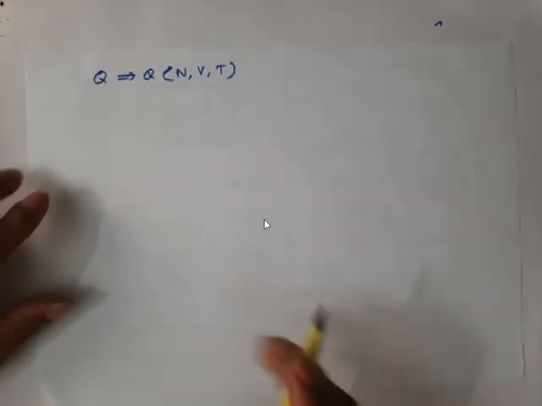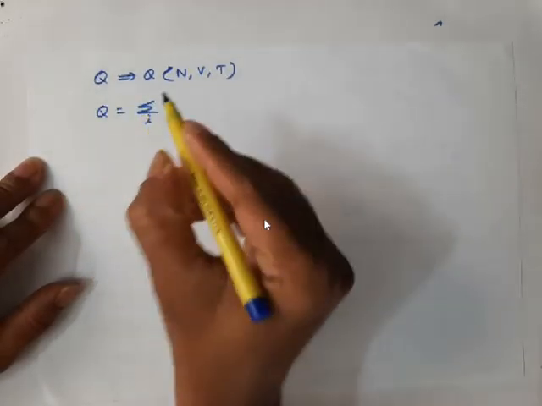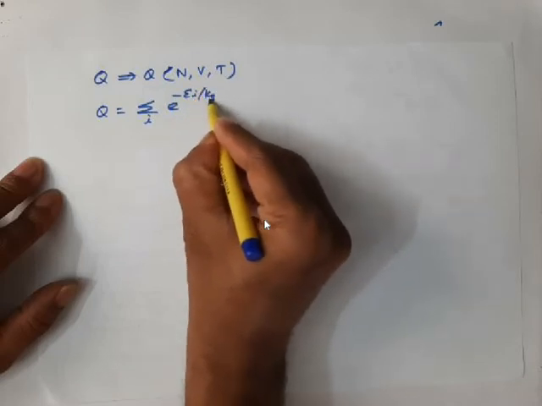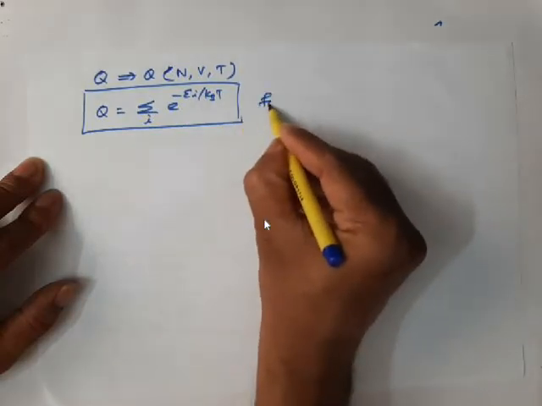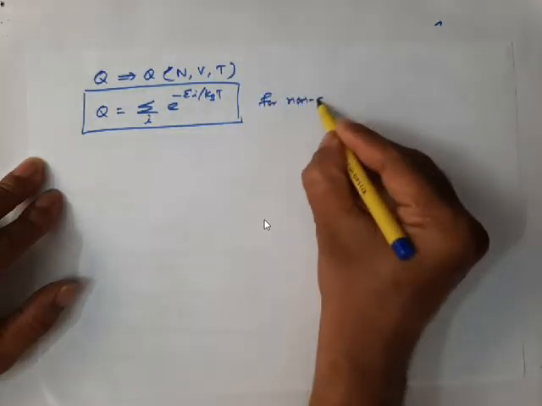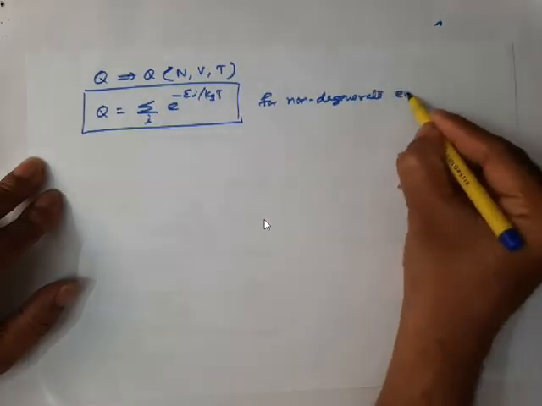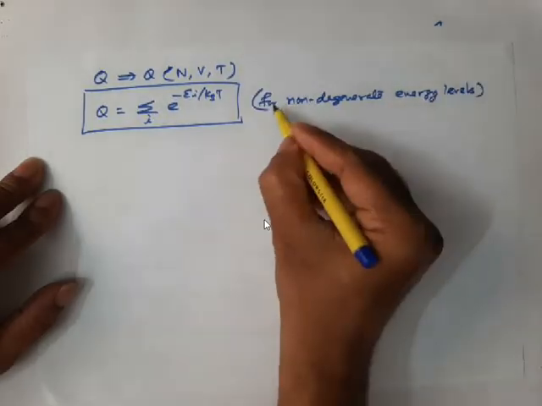So what is Q? Q is equal to summation over i e power minus Ei by kBT. This is the expression for Q for the non-degenerate case. If energy levels are non-degenerate, yes, you can use this formula.